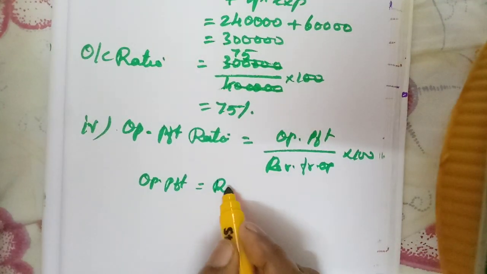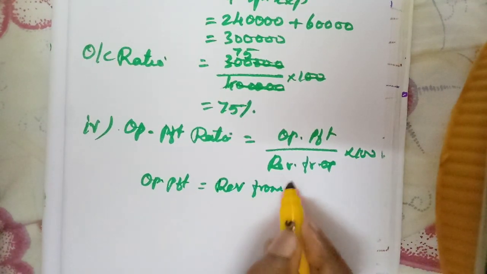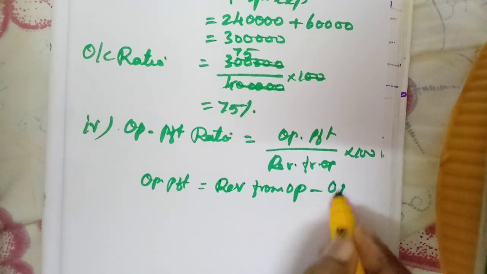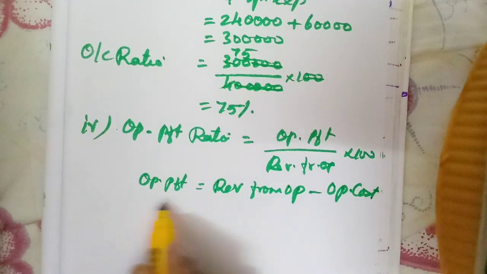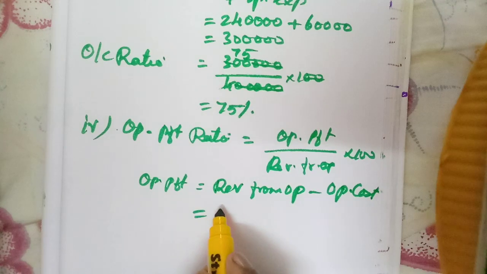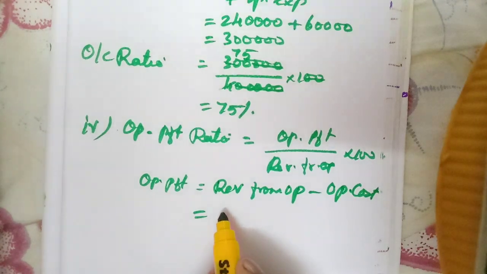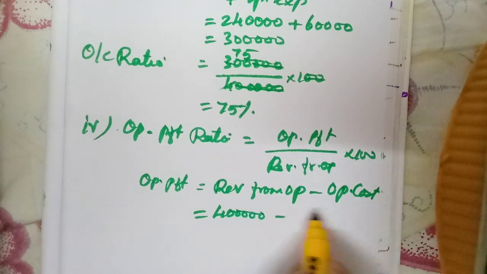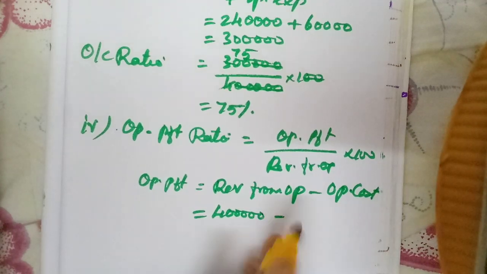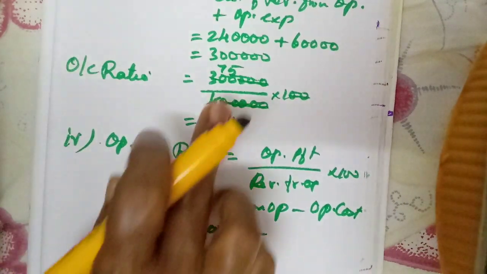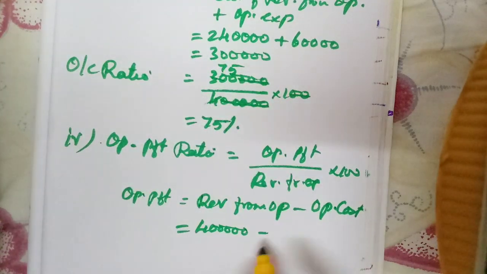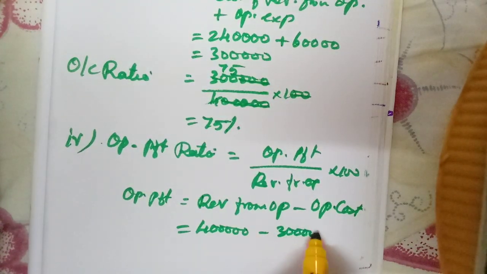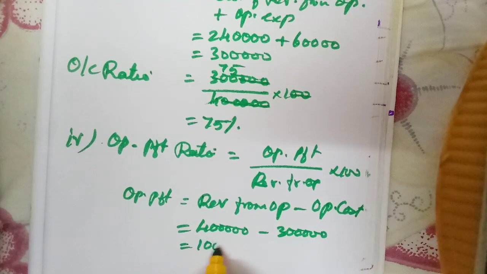Revenue from operation minus operating cost, we will get operating profit. Revenue from operation how much? 4 lakh. Operating cost we have already calculated, 3 lakh. So 1 lakh.